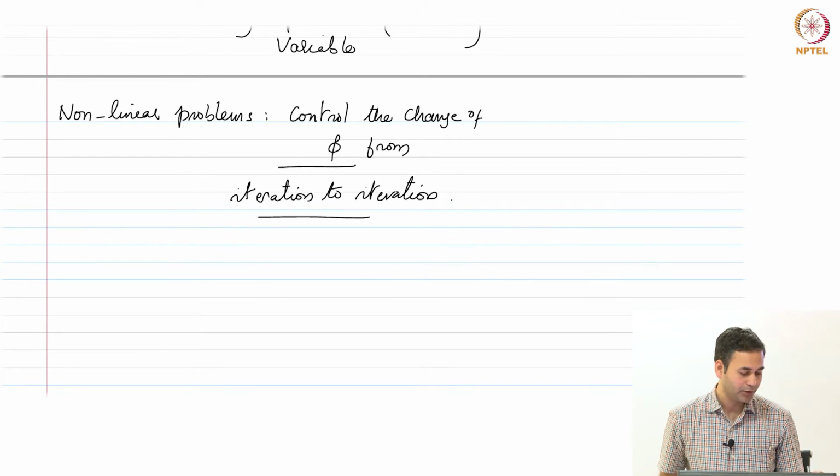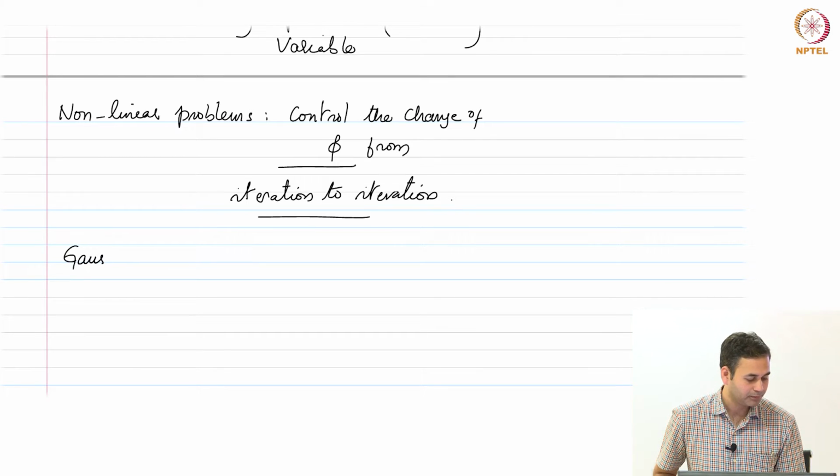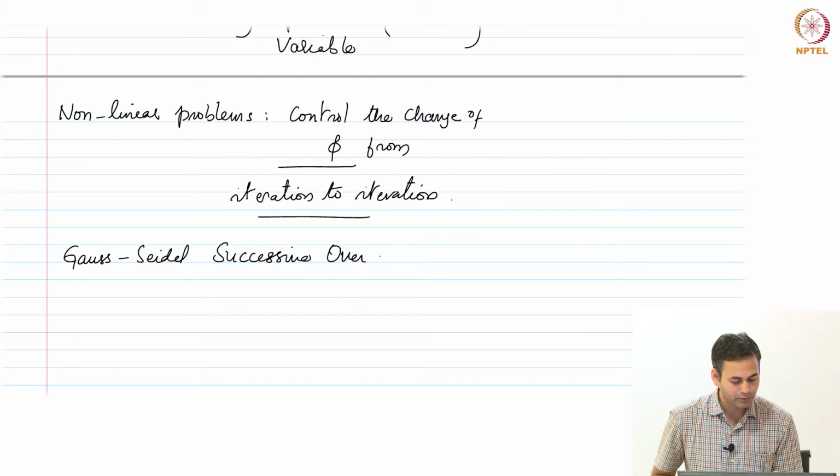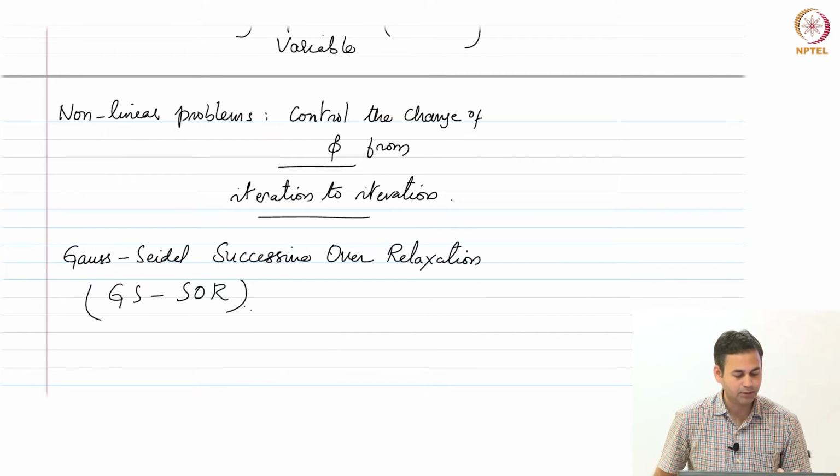And if you use this in the context of Gauss-Seidel, then it is known as Gauss-Seidel successive over relaxation. It is called GSSOR. This is used if you want to accelerate the convergence.